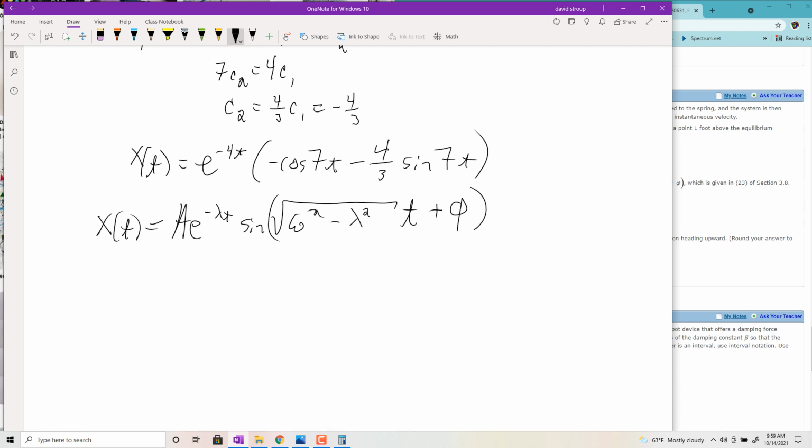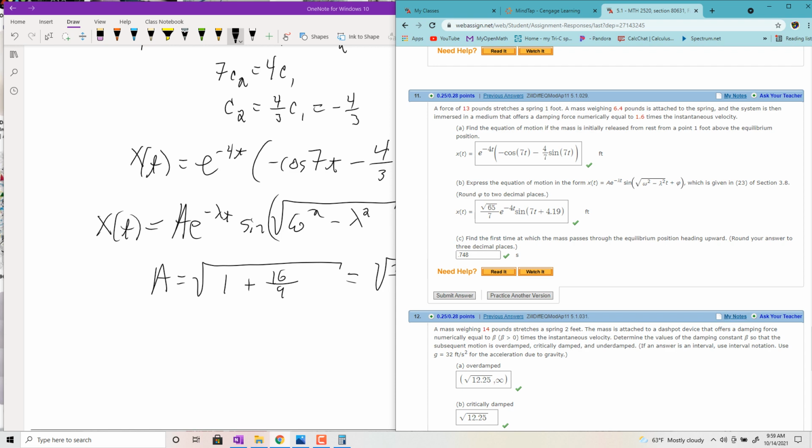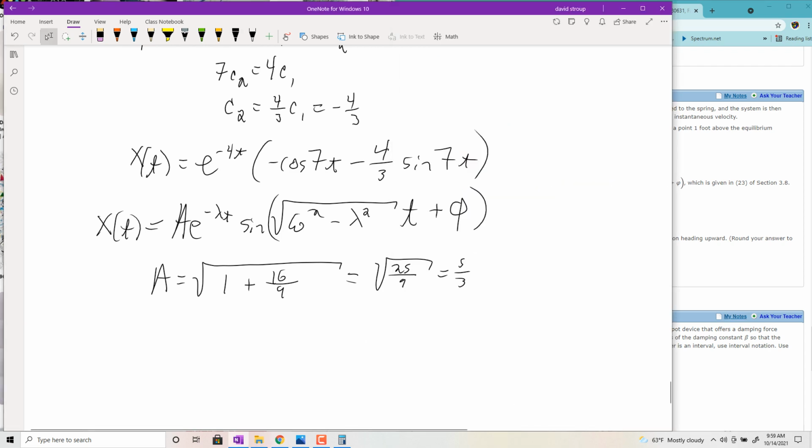Alrighty then, so I need the A value. The A is just like the A that we found before. It's the square root of c1 squared plus c2 squared. c1 is negative 1, but squaring it is 1, plus 16/9. So you get 9/9 plus 16/9, the square root of 25/9, which apparently is 5/3. No, that's not right.